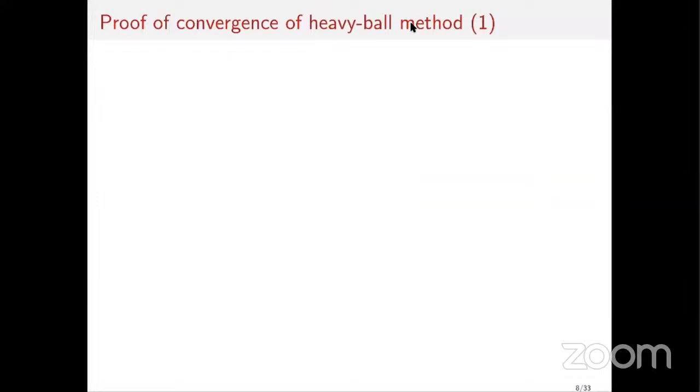We will write really what an algorithm is. You can think of it as a discrete time dynamical system. So you have a state x_k, and x_{k+1} is a function of x_k and x_{k-1}, and we want to analyze how fast this dynamical system converges to its equilibrium point, which is the solution of the optimization problem.